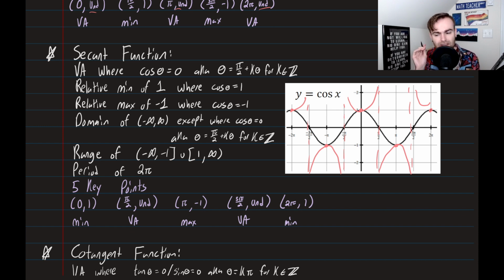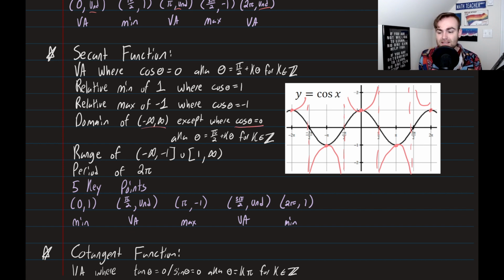Now, we know that cosine is just a horizontal translation of sine. So the secant is just a horizontal translation of cosecant. So that's why we see that same behavior of these gapped teeth.